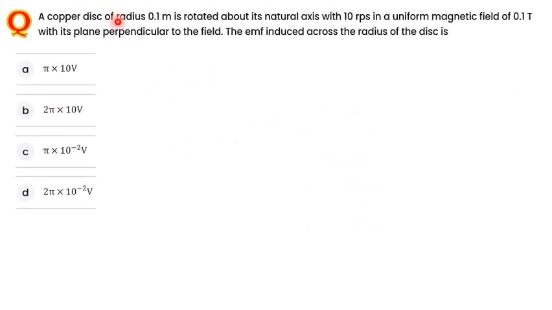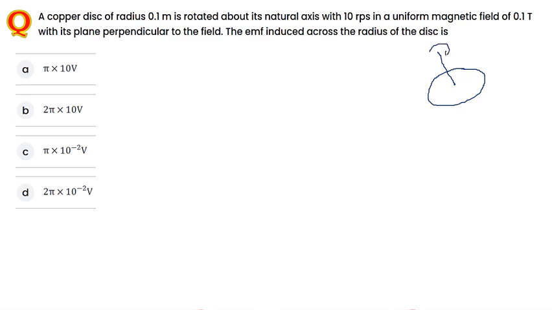A copper disc of radius 0.1 meter is rotated about its natural axis, with 10 rotations per second, in a uniform magnetic field of 0.1 Tesla. See, I will just show you here. Now, consider a copper disc about its axis.